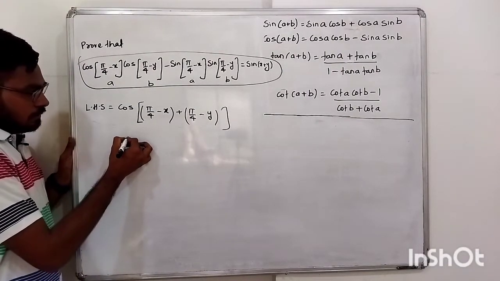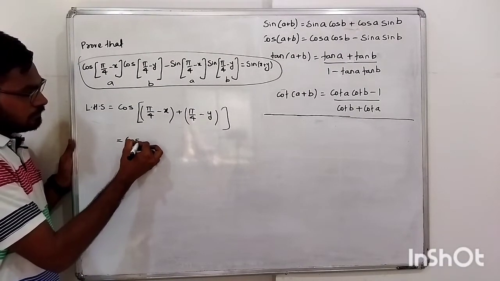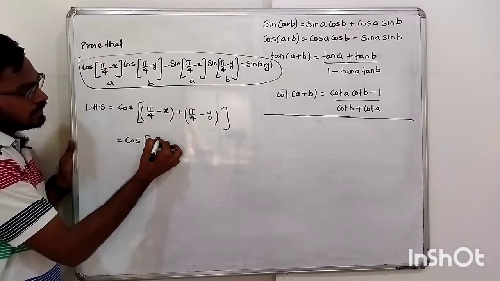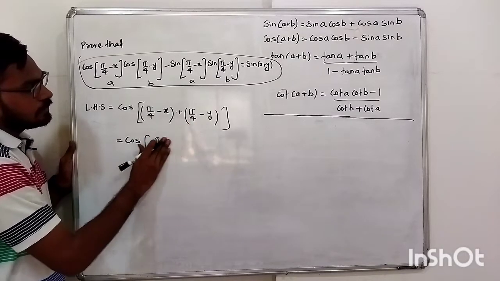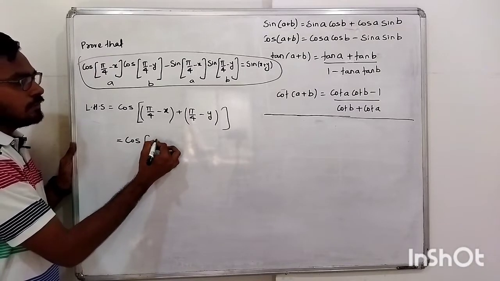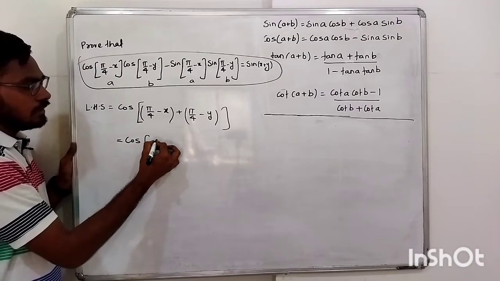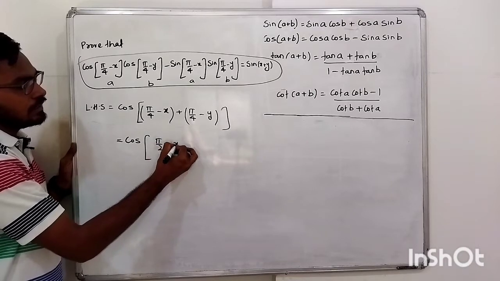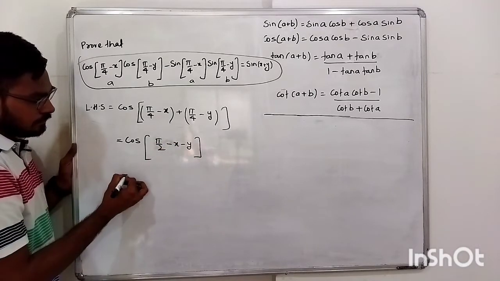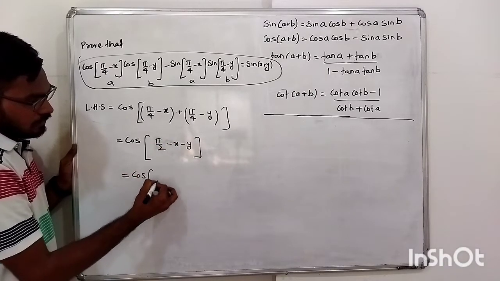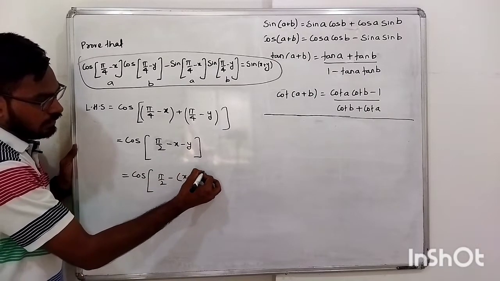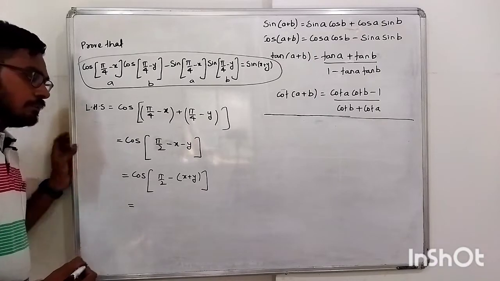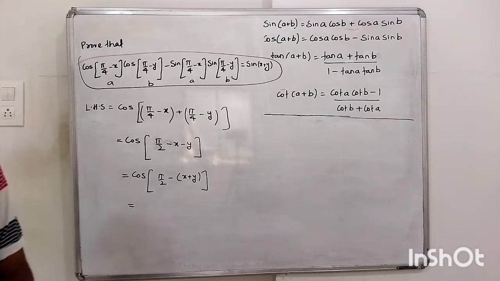So just simplify, cos of pi by 4 minus x plus pi by 4 minus y. Pi by 4 plus pi by 4 is what? 2 pi by 4, which is pi by 2, correct? Minus x minus y. So cos of pi by 2 minus x plus y.